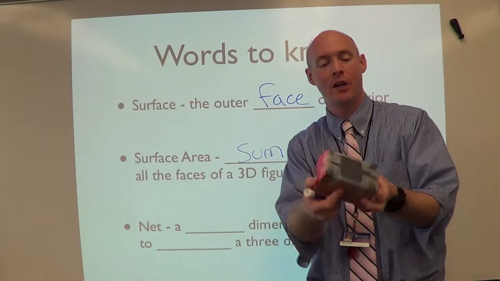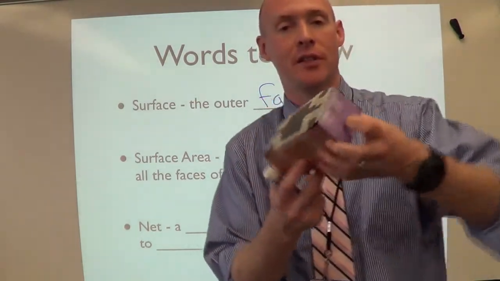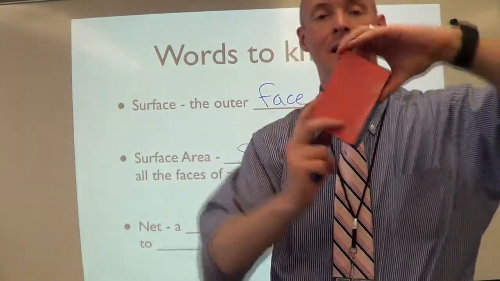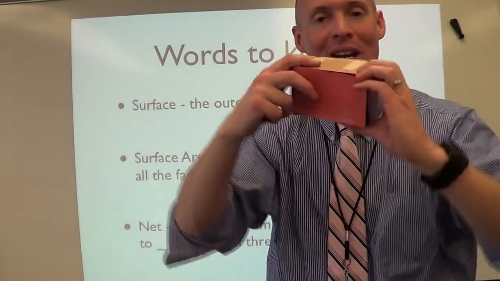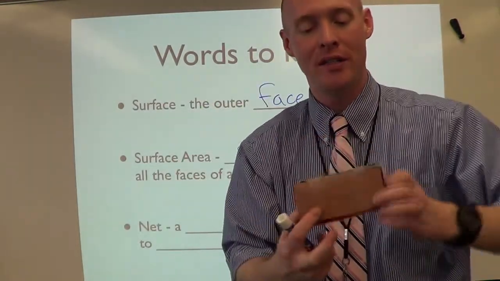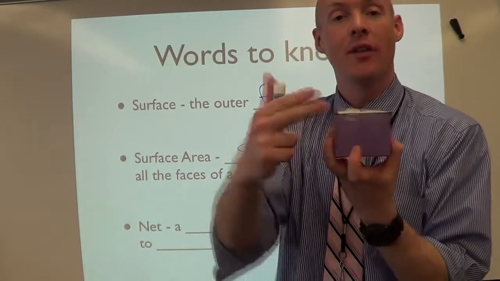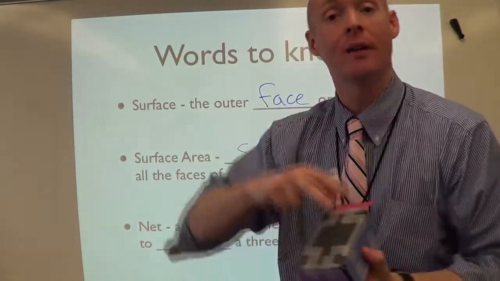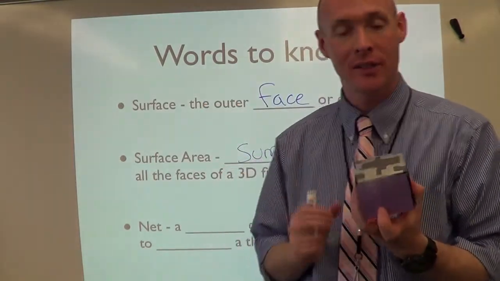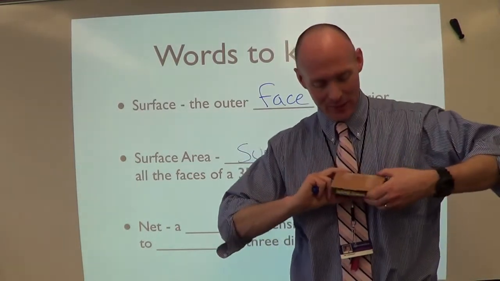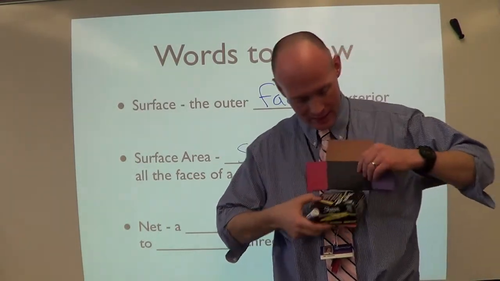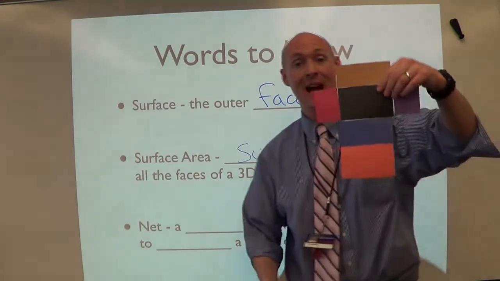All of these different colors are the different surfaces of the three-dimensional figure. Sorry, I'm not doing a very good job spinning it, but I hope you can see that all the different sides, all the different edges are a different color. Those all are different surfaces. Now, if I peel this apart, you could probably see it a lot better.